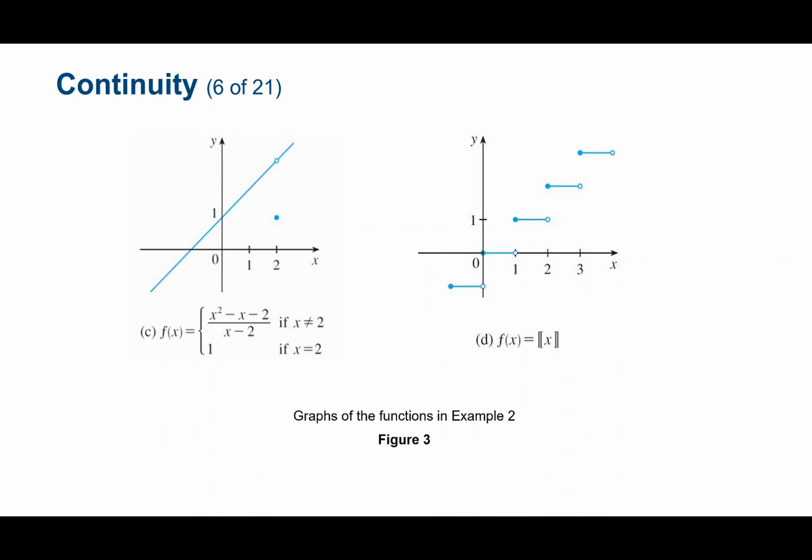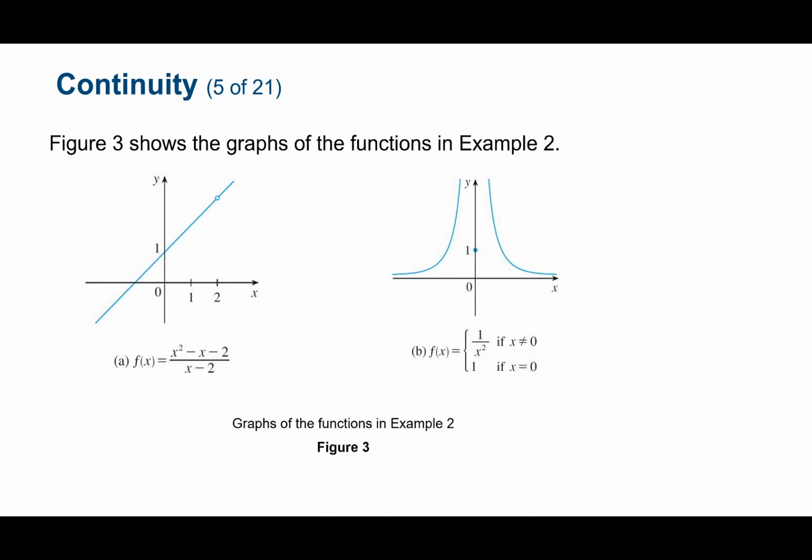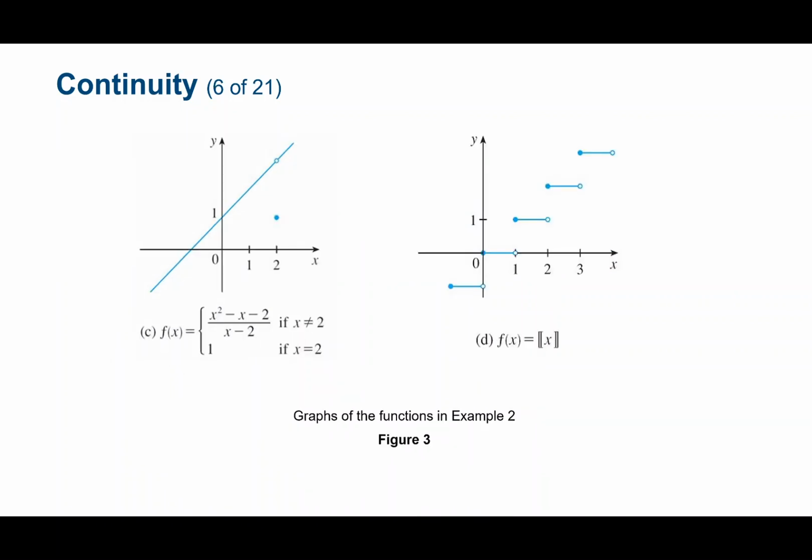So here are the graphs. On A part, we just had a hole. B part, we had where the function value does not match the limit. C part, we had a hole, but it was redefined at another number, so the limit and the function value don't match.